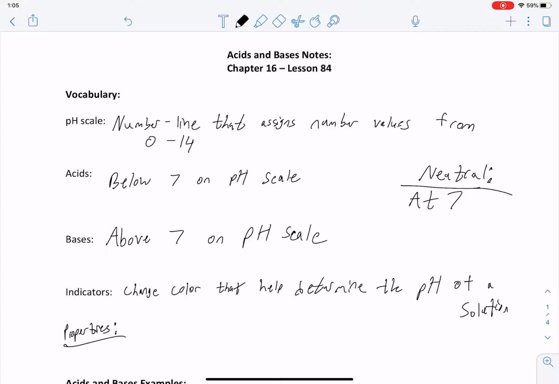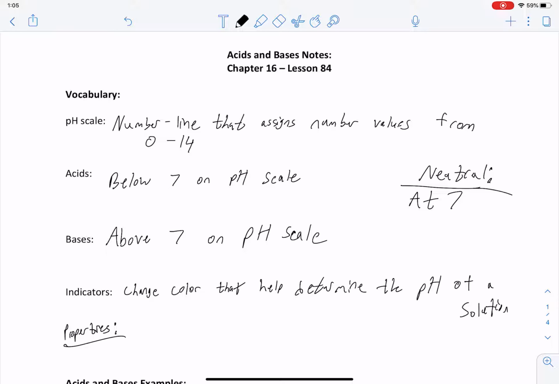Okay, so you've probably seen litmus paper. We're going to look at that further down. You might have done that in biology class, where you were measuring if different solutions were an acid or a base. And you have a bunch of solutions at home that are acids and bases, and that'll go into another assignment we'll be talking about later on, and you'll be doing throughout the week.